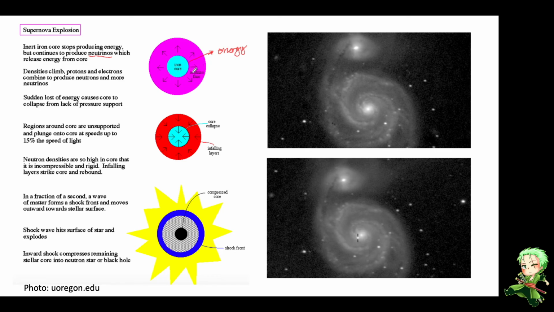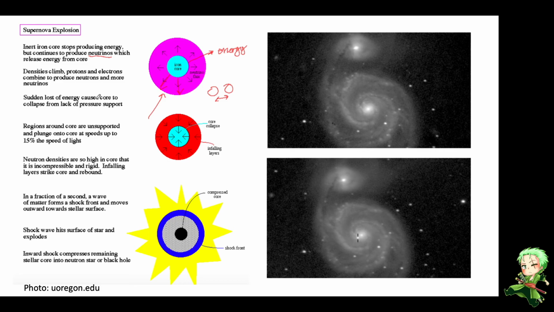So ang mahitabo na karon, the density climbs, protons and electrons combine to produce neutrons and more neutrinos. So mapugos ang imuhang proton ug imong electron to combine tungod sa grabe nga force sa imong gravity karon.